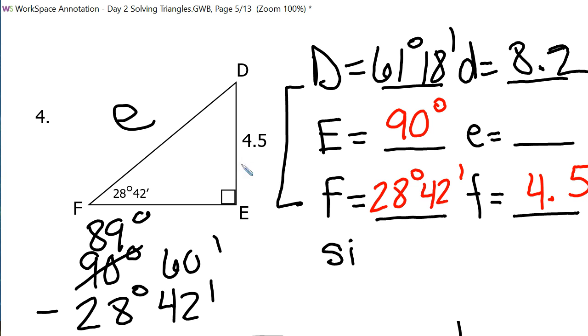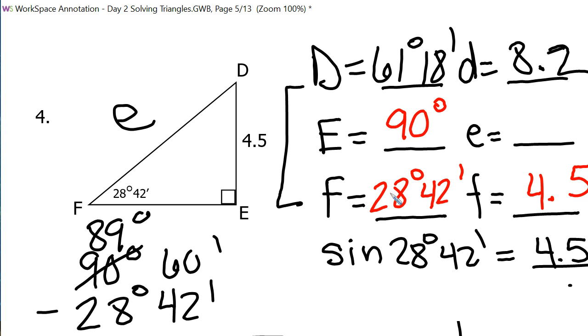So this would be sine of 28 degrees, 42 minutes, equals opposite over hypotenuse. So 4.5 over E. And again, if I make this into a proportion, this would be E times the sine of 28 degrees, 42 minutes, is equal to 4.5.